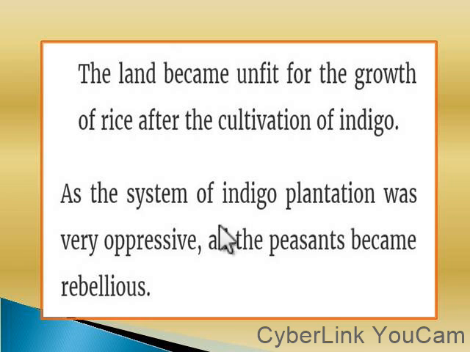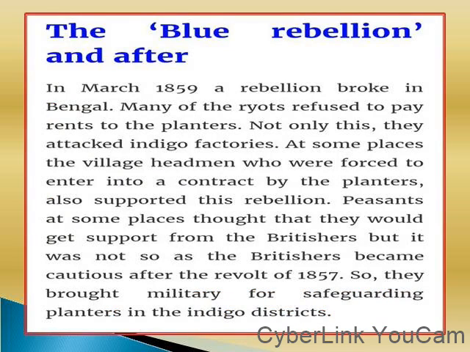As the system of indigo plantation was very oppressive, all the peasants became rebellious, and they spoke against the cultivation of indigo. As a result, there arose the Blue Rebellion, and let's see what it is.